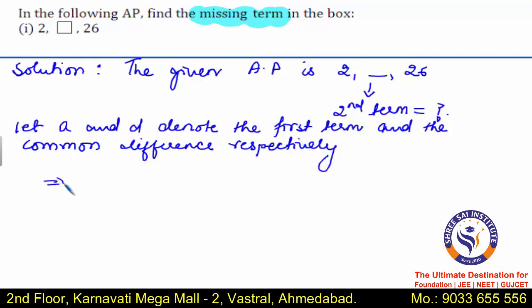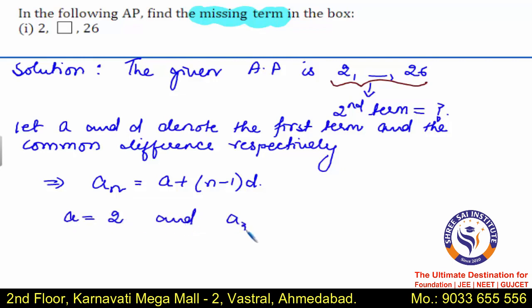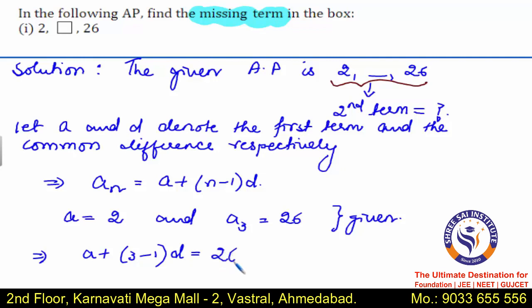This implies that the nth term is given by A plus n minus 1 into D. For the given AP, we have the first term A is equal to 2 and the third term is equal to 26. Third term is 26 implies A plus 3 minus 1 into D is equal to 26.